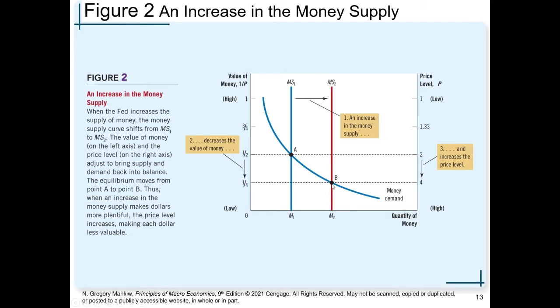The quantity of money demanded actually rose from A to B. We went from this level of quantity of money demanded to this level. So in this way, you can see how it comes into equilibrium. You can see the adjustment process. It's through the shift of the AD that the quantity of money demanded increased.